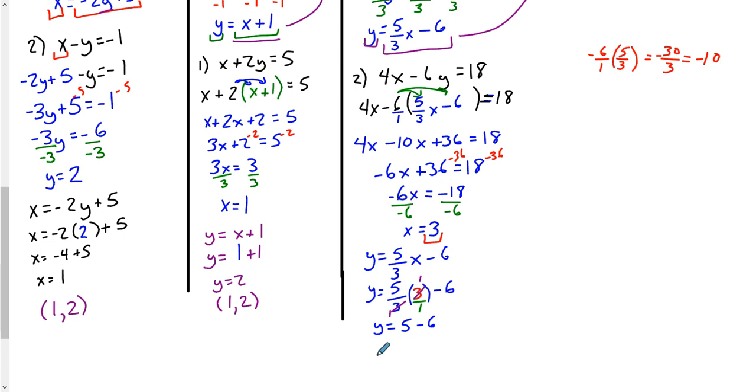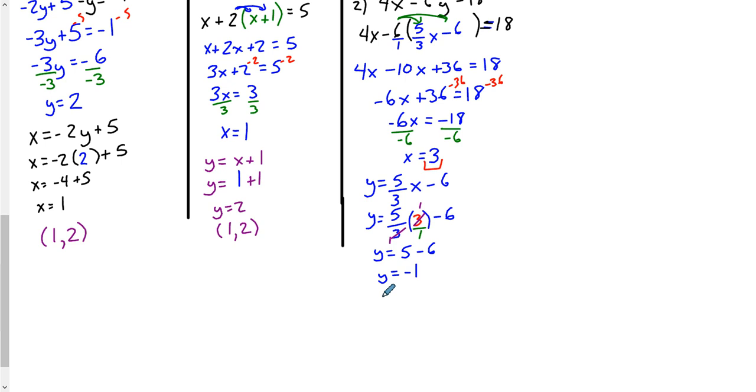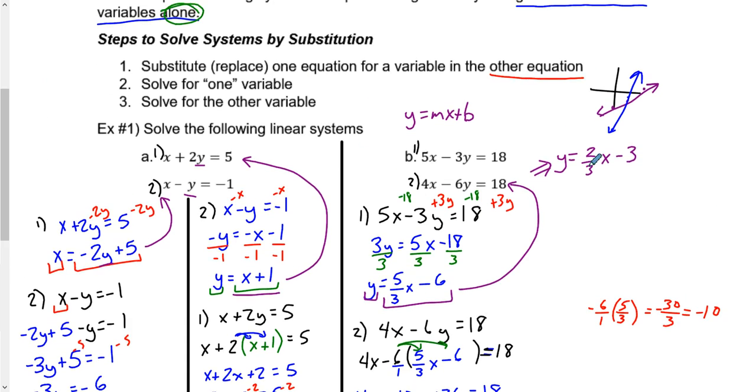And 5 subtract 6 is negative 1. So the point where these two lines would be crossing would be the point 3, negative 1. And tying back to that graph, 3, negative 1 would be the cross of that graph.